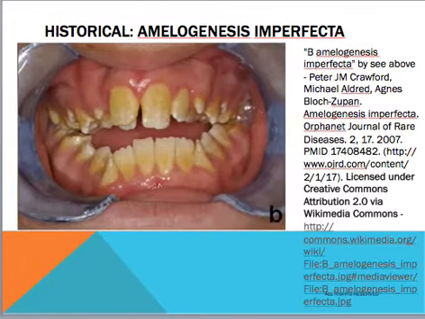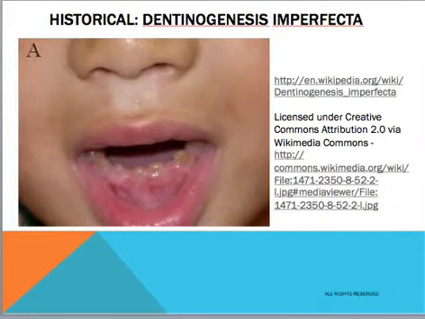Historical diagnosis is a diagnostic category in which the strength of the diagnosis comes from the patient history of the lesion or their condition that they give you. Some examples of historical diagnosis include amelogenesis imperfecta, for example, or dentinogenesis imperfecta.